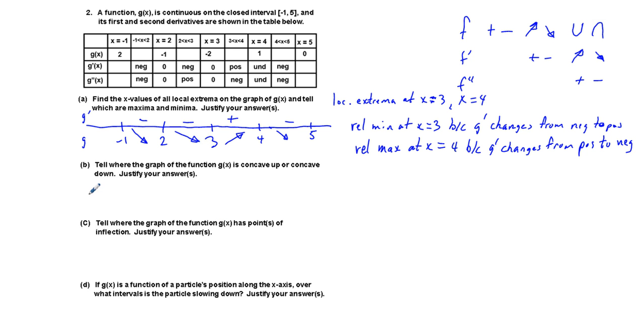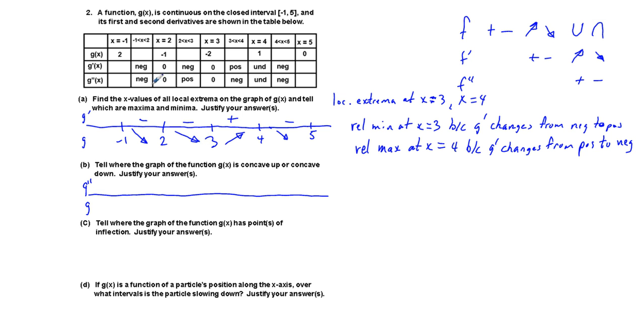Next, tell where the graph of the function g of x is concave up or concave down. Justify your answers. So, similar thing here, except we're going to take these critical numbers here, and this time we have g double prime above and g below.